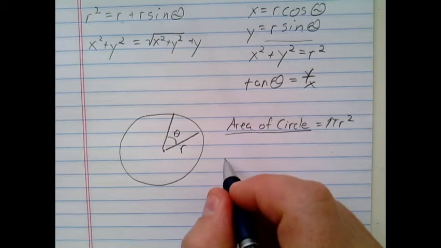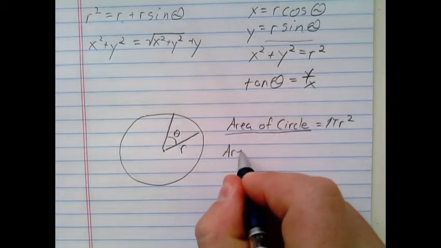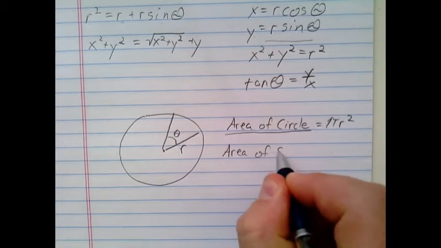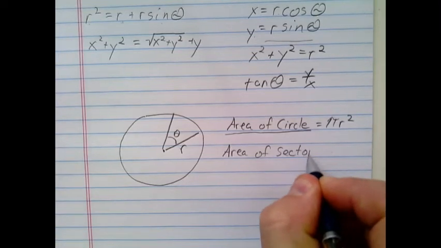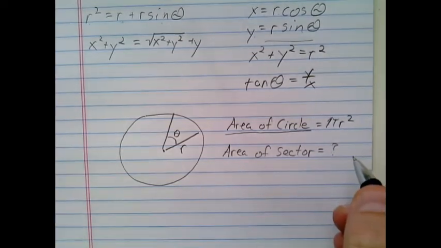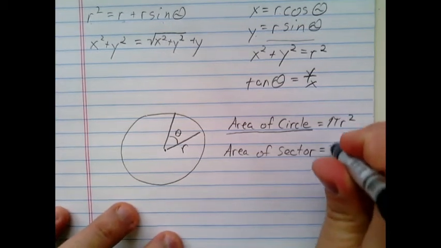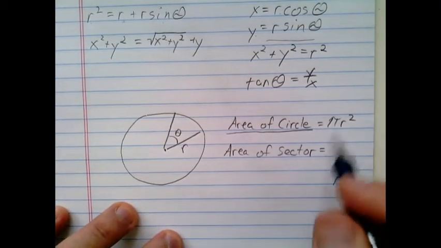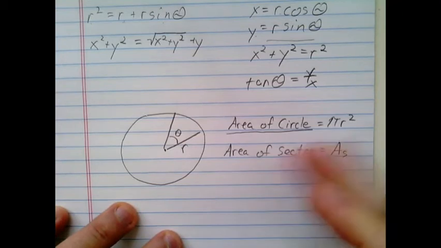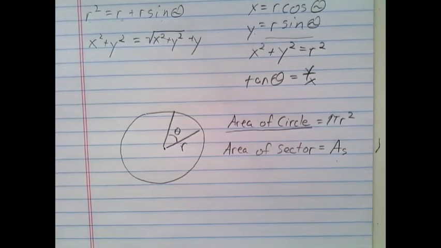Okay, but then the area of the sector, what does that equal? Well, we can actually get at it through proportionality. Let's call that A sub s for area of sector.